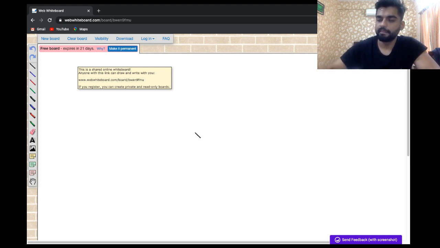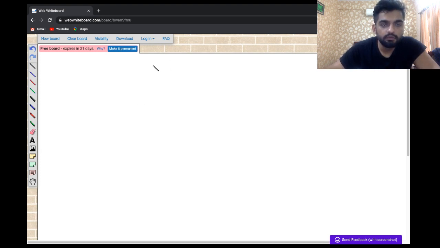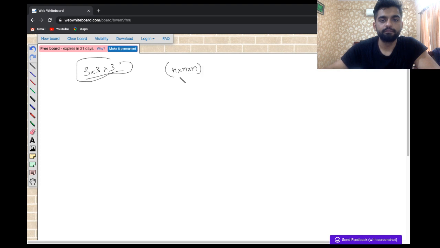Okay. So when there's a cube with these as the sides, or the sides can be anything, n into n into n, and you dip this cube in a bucket of paint and then you take it out and find out how many blocks have 3 sides painted, 2 sides painted, 1 side painted, and no side painted.